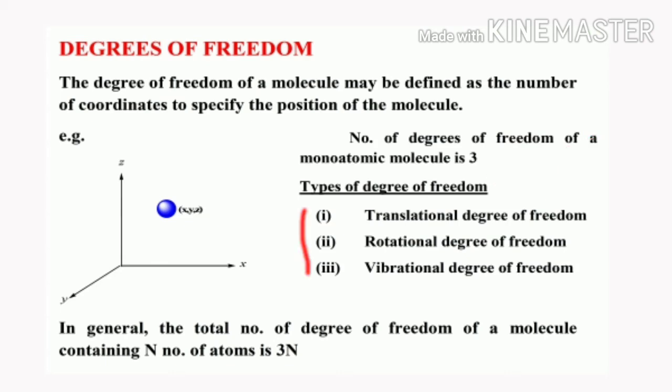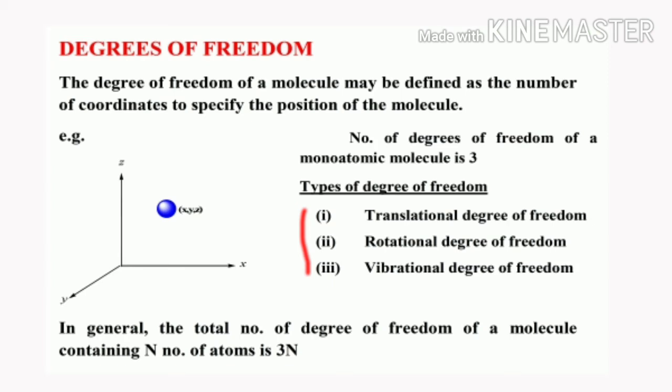There are three types of degrees of freedom: translational degree of freedom, rotational degree of freedom, and vibrational degree of freedom. The number of coordinates necessary to specify the translational motion of a molecule is called its translational degree of freedom.